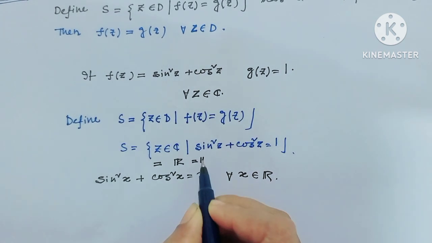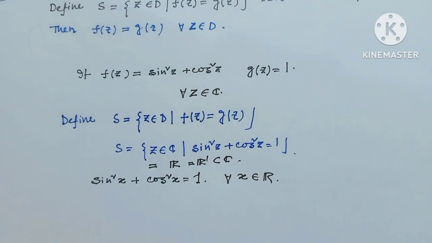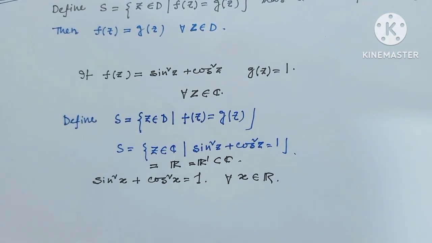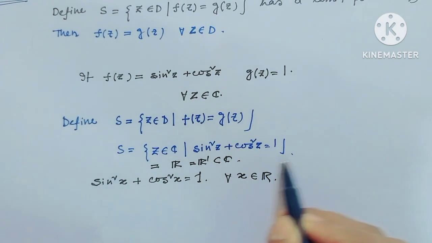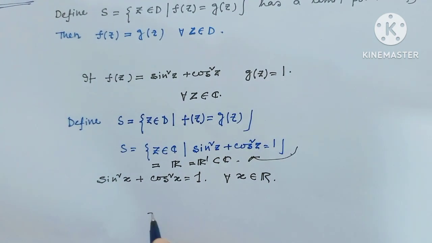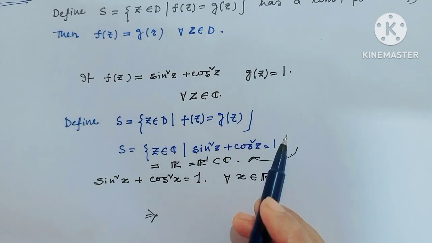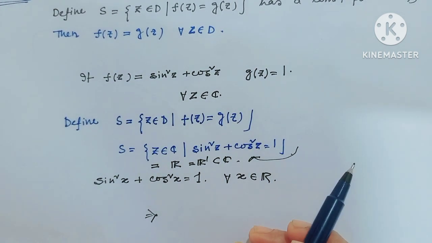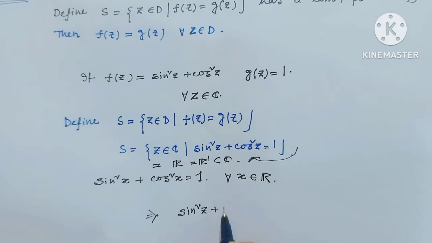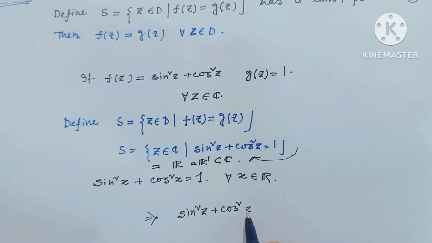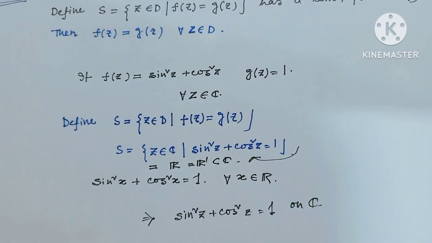So the limit point set of S, R dash, contains the real line, and hence S has a limit point in C. So we can tell f(z) equal to g(z) and extend it to the whole complex plane. So sin squared z plus cos squared z equal to 1 is true on whole complex C.